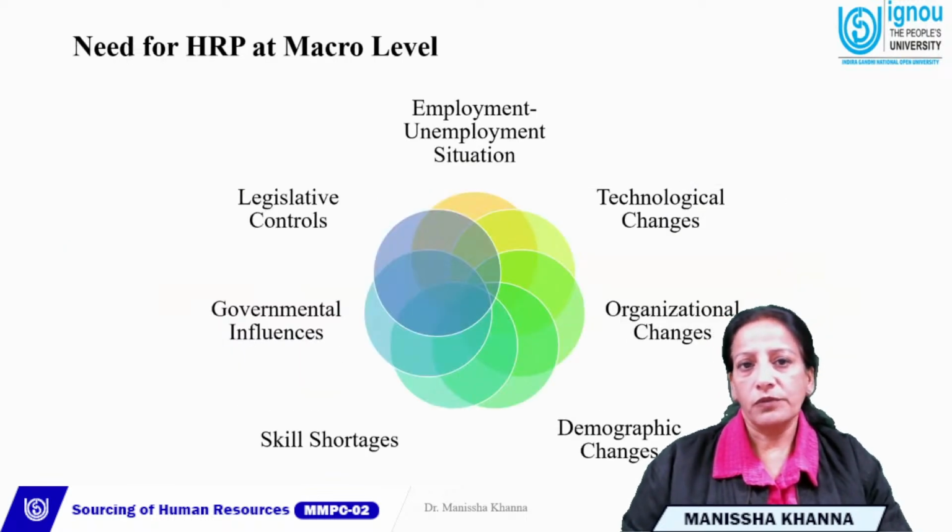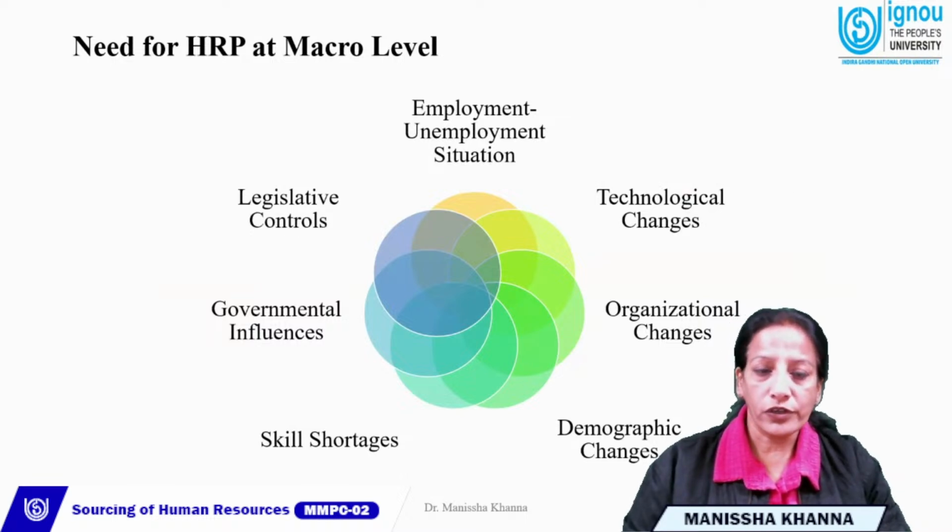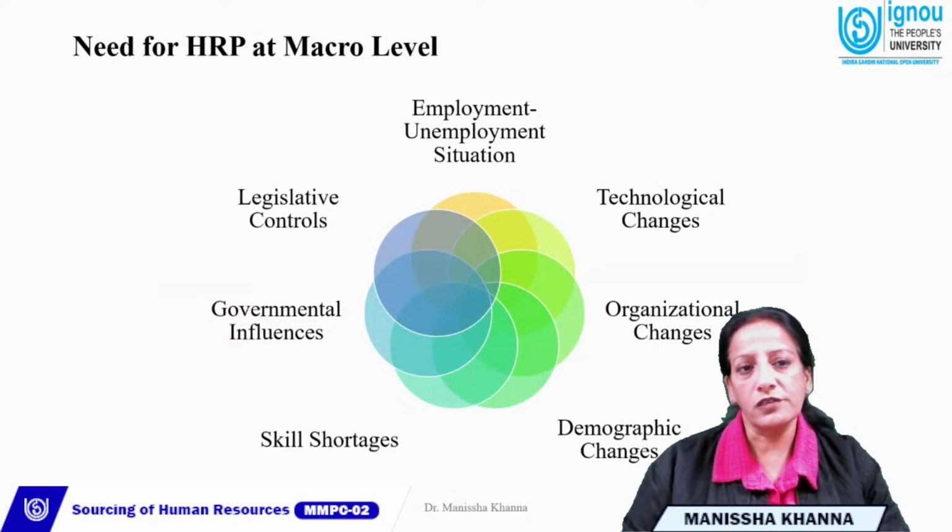Now, what is HRP at macro level? One, employment and unemployment situation. It balances between employment and unemployment. It refers to the technological changes which are happening around the world, organizational changes, demographic changes, which refer to the age, sex, geographical areas, gender types, also the diverse workforce, skill shortages.